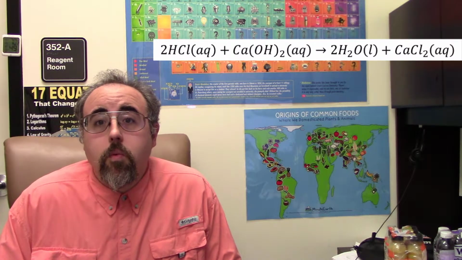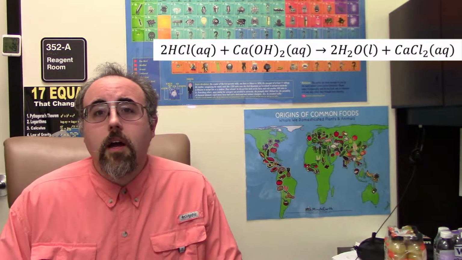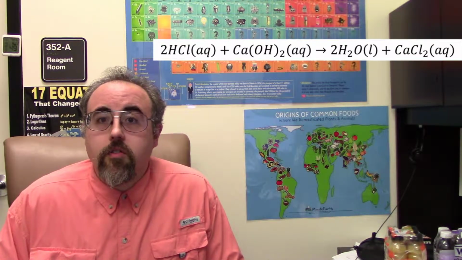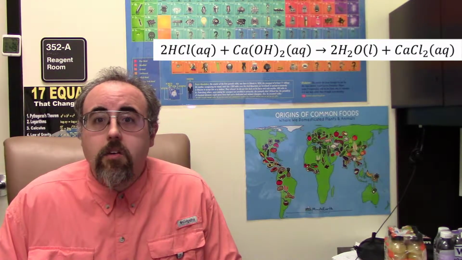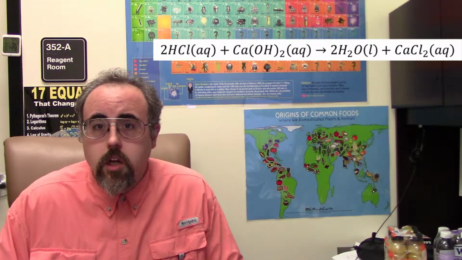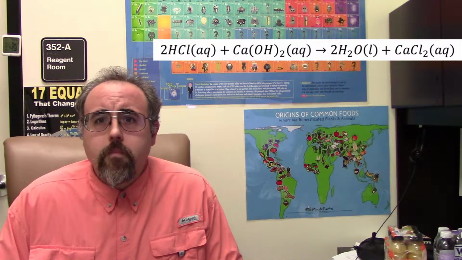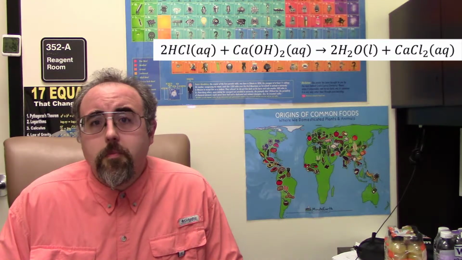And this is going to become incredibly important for us once we start doing chemical accounting, or what is more properly known as stoichiometry. The coefficients are going to start giving us the ratios, and we're going to be able to use those to know how much product is made or how much of a particular reactant is used.